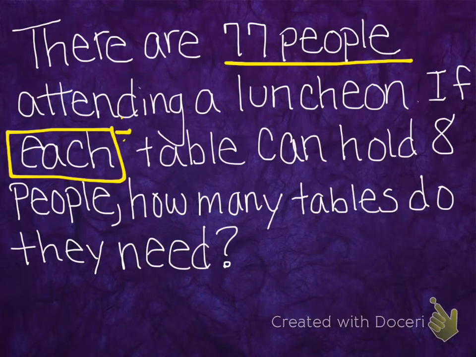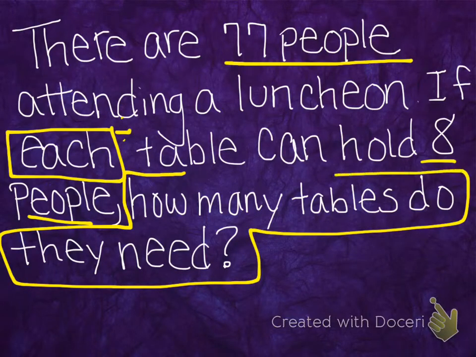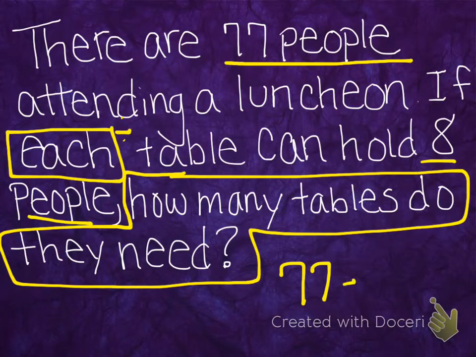So each table can hold 8 people. Your question is, how many tables do they need? So this, as you can see, is a division problem. I would have 77 divided by 8 equals, let's put T for table.